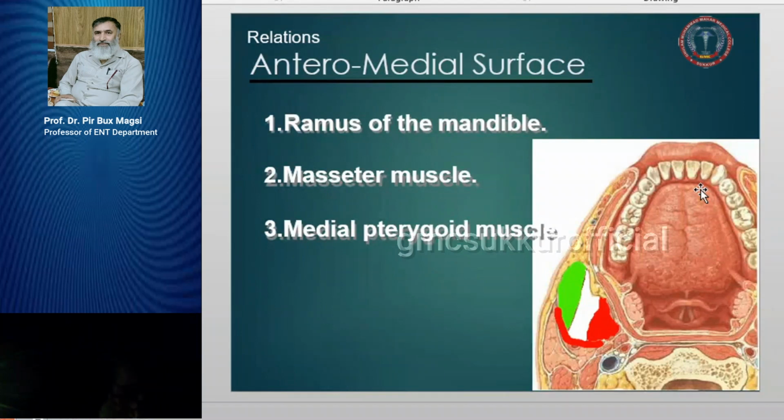Now, this is the ramus of the mandible, and these are the teeth. Over there you have the masseter muscle and the medial pterygoid muscle.